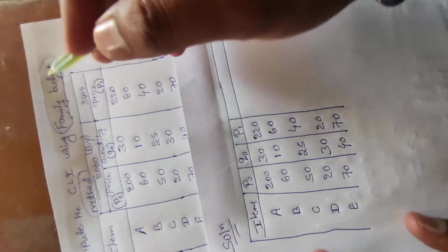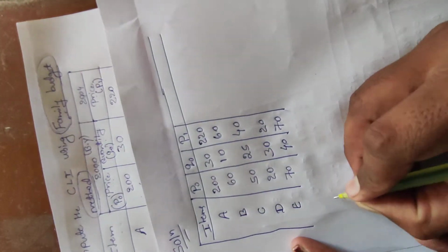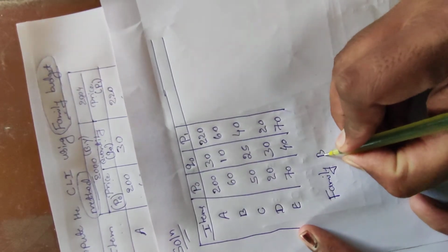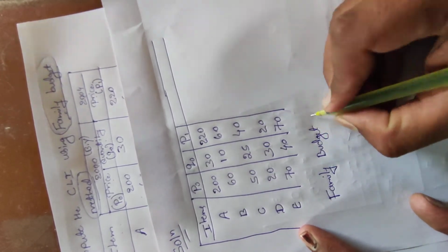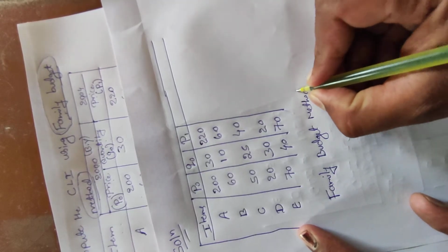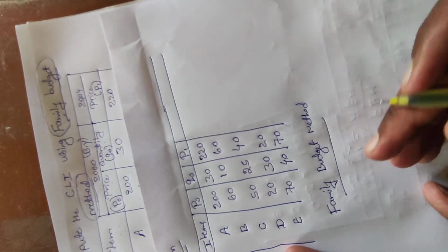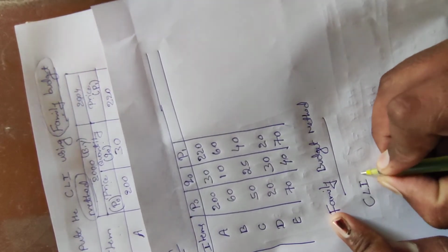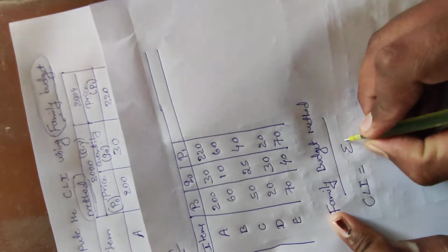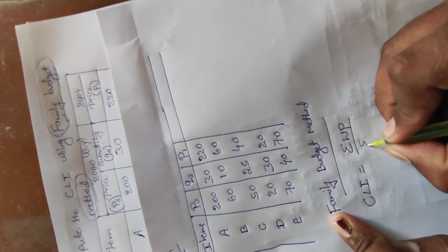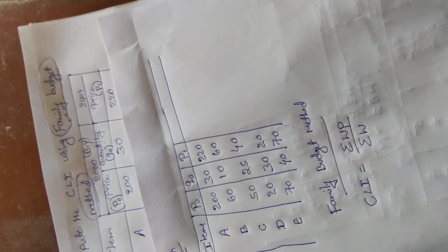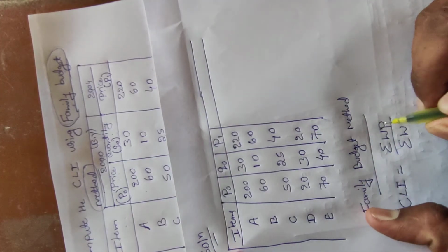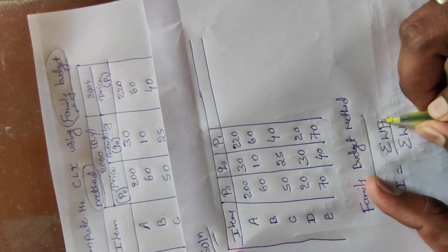We should apply the family budget method. The formula for the family budget method is CLI, the cost of living index, equals summation of WP divided by summation of W. First we require W and also P, where P means price relative.